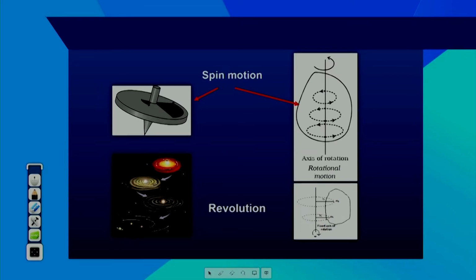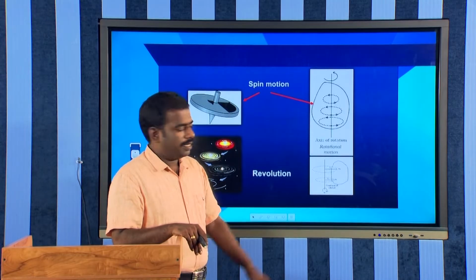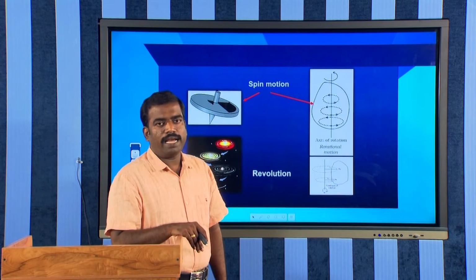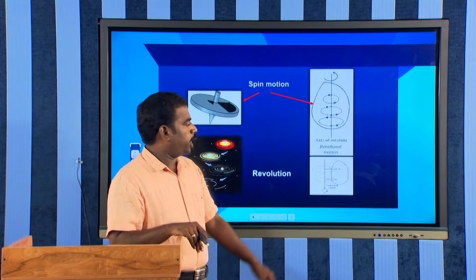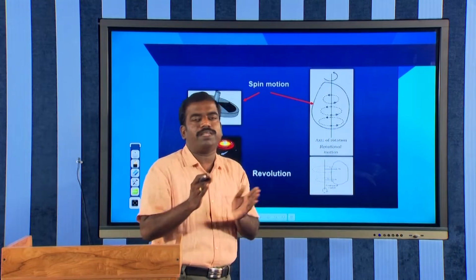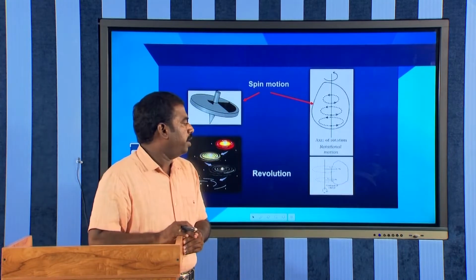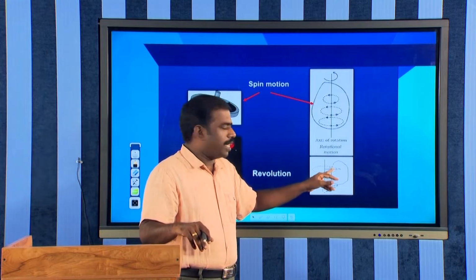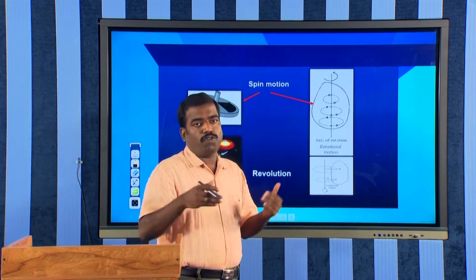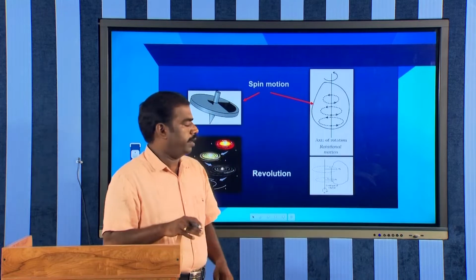But if you consider a situation in which the axis of rotation stays outside, then we will call that one revolution. Here you can see a rigid body. We are just giving some irregular shape for a rigid body. In this rigid body, you can see two particles also. It consists of infinite number of particles, but for the discussion, I am just taking two particles.